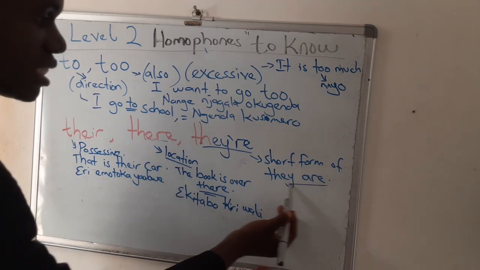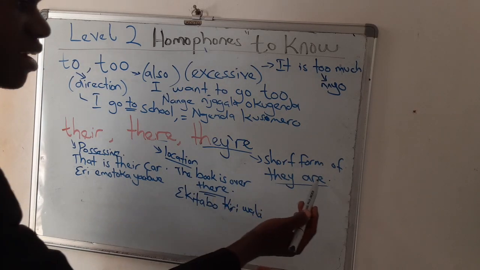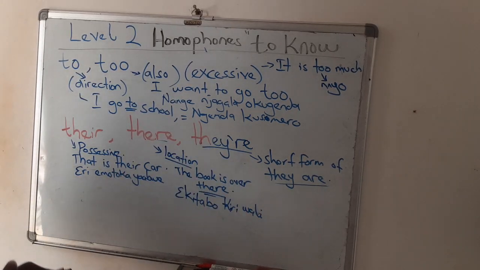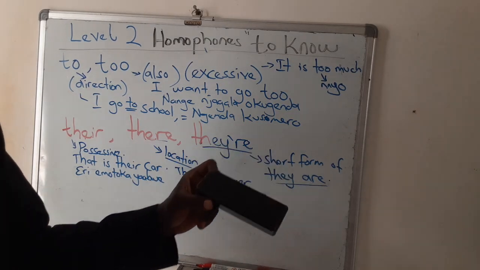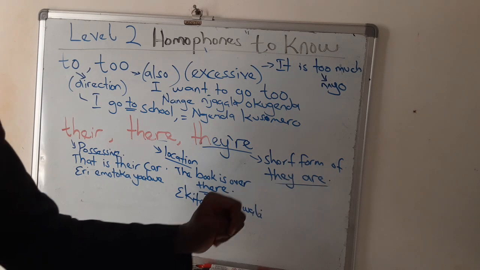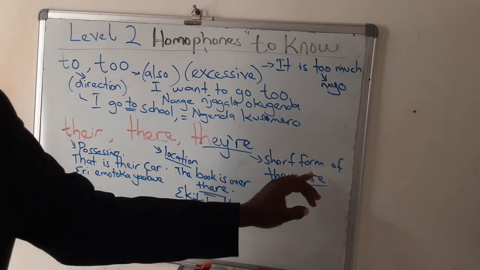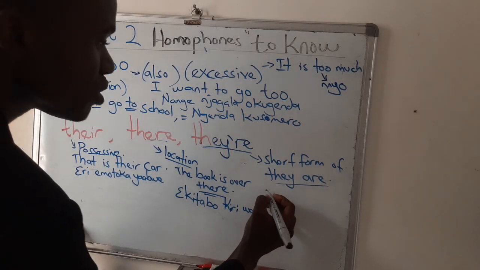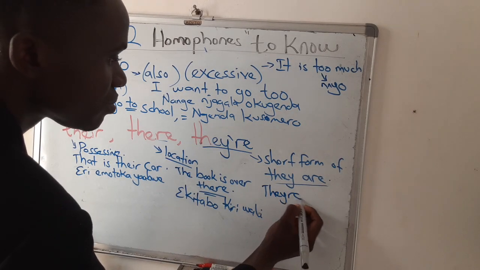Kino kye complete. Complete word is they are. But we contract it to they're. Okufuna they are. Are we together? So this is just a contraction of they are. Kino kiva mu they are. Short form ya they are. Ndowooza tukategedde.